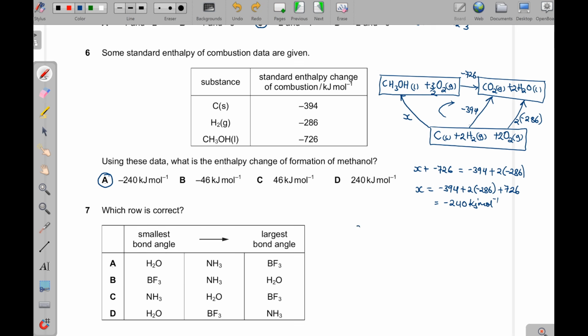Water, we have oxygen here and then the hydrogens. So this one is bent shaped because it has 2 lone pairs in there. And for these 2 lone pairs, the repulsion between them is stronger than the repulsion between a lone pair and a bond pair, which is also stronger than bond pair repulsion.